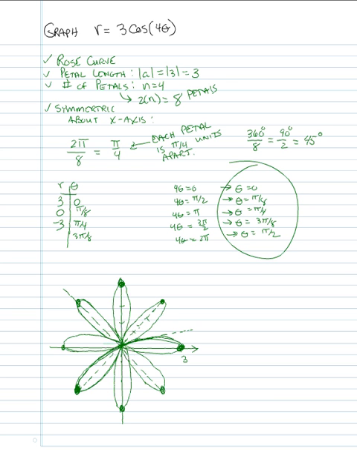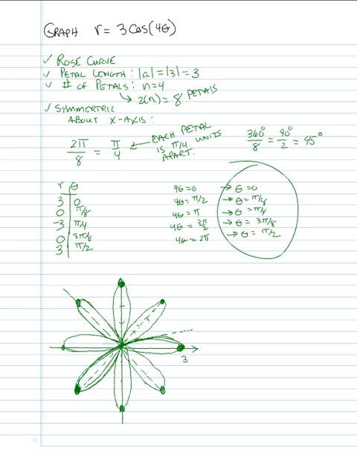And then, of course, we'd have 3 pi over 8. Well, 4 times 3 pi over 8 is 3 pi over 2. And the cosine of 3 pi over 2, of course, is 0, so we're back to our value being 0. That's why we ended up back at the origin. And then we let theta be pi over 2, but 4 times pi over 2 is 2 pi. And so then we have r equal to 3 times 1, we're back to 3.